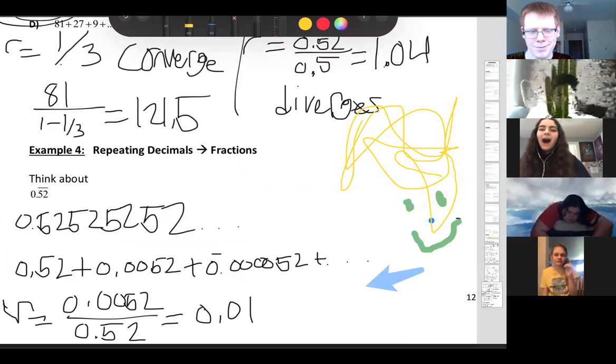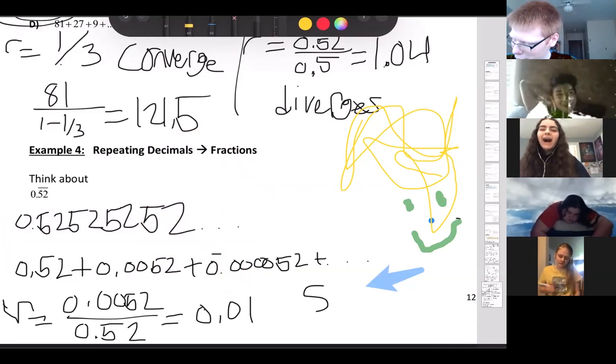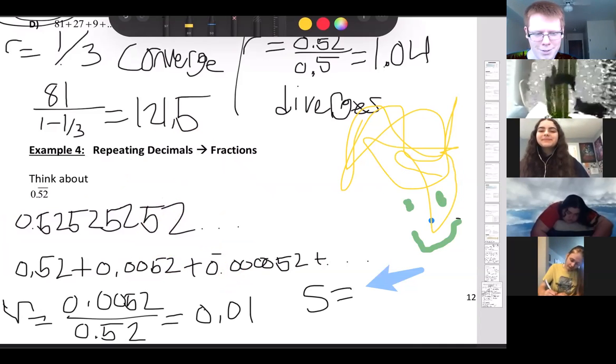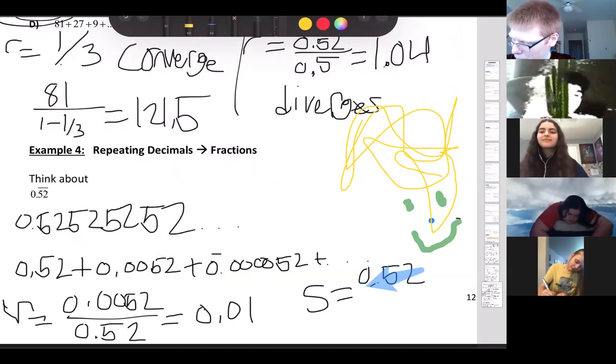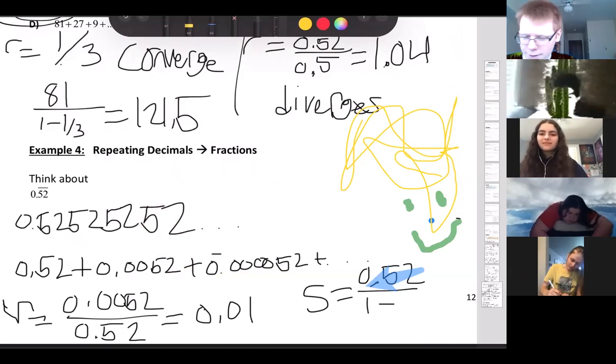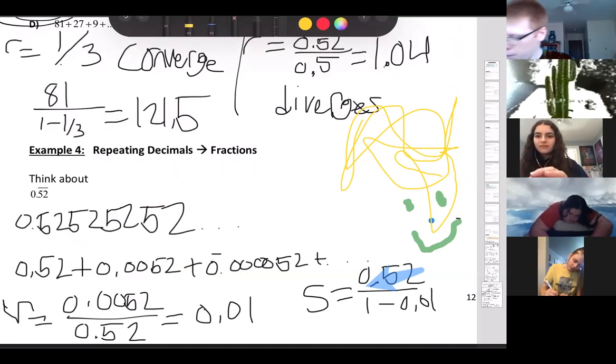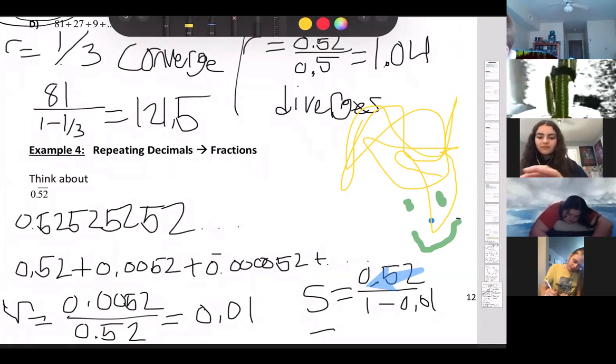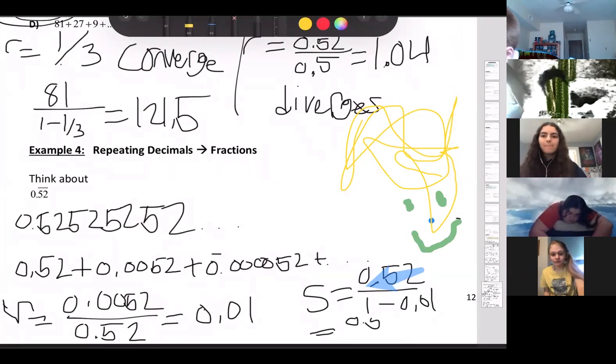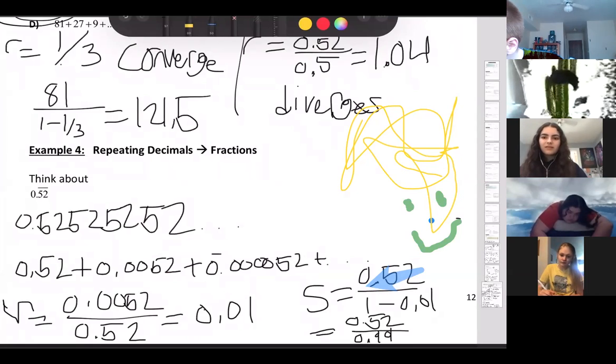No, wait. You would take your first term over 1 minus your R. If you work that out, it would be 0.52 over 0.99, which is really just 52 over 99.